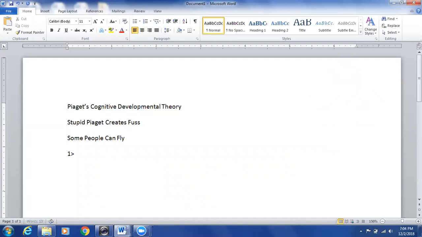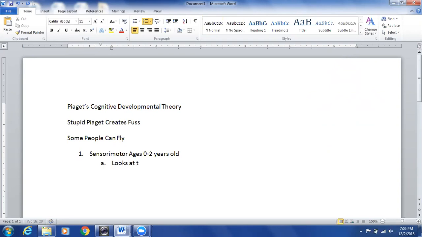So the first stage is sensory motor, and the age we're looking at is 0 to 2 years old. So what does this actually look at?